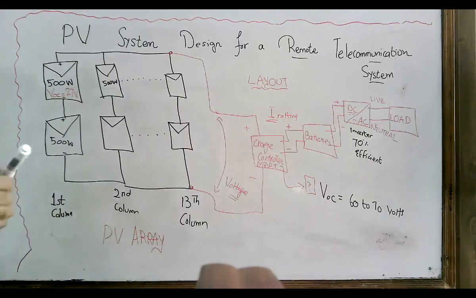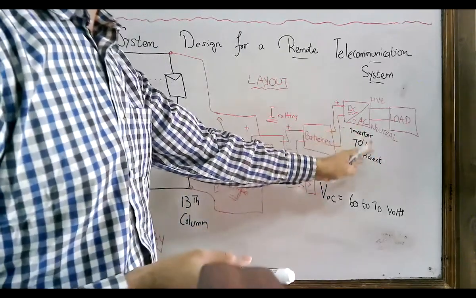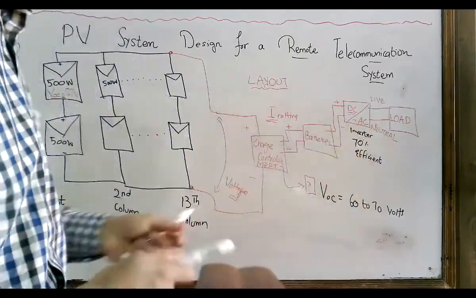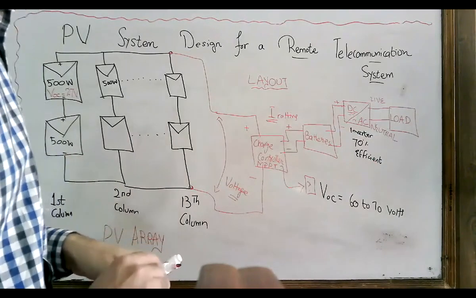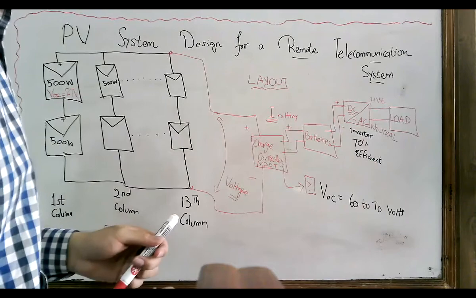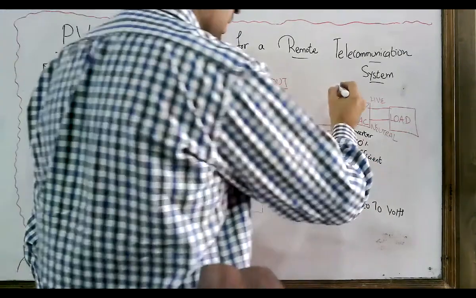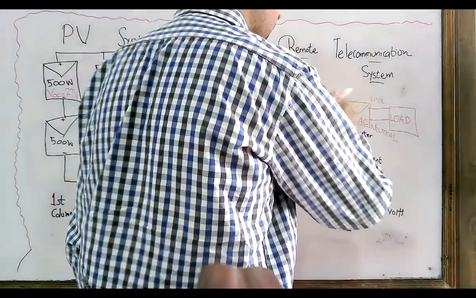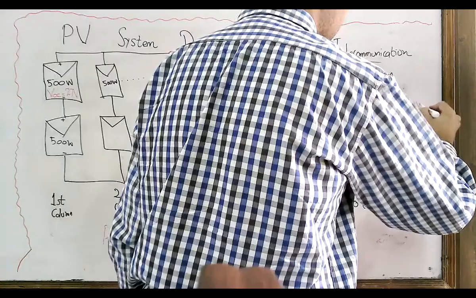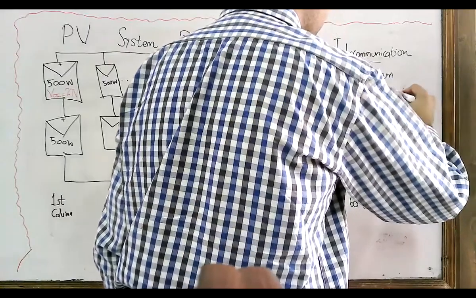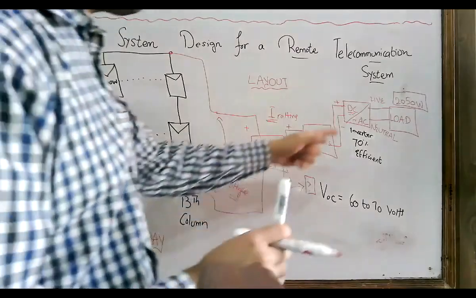So now one more important thing, how to guess the inverter rating. What was our load? Our load, the total power of our load, is 2050 watt. So how to decide the rating of this inverter?